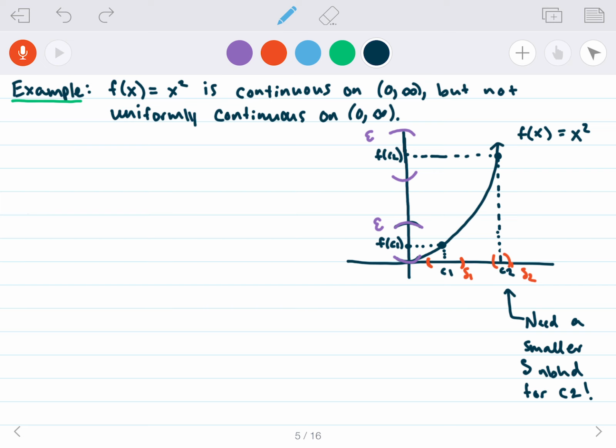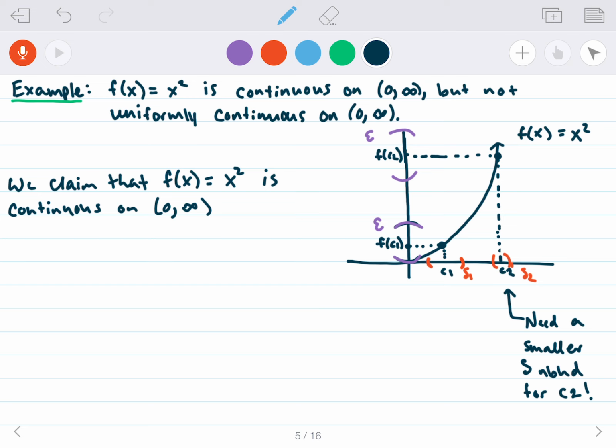And so let's first show. So we claim that f of x equals x squared is continuous on 0 to infinity. Okay, and so we just do the same kind of scratch work.